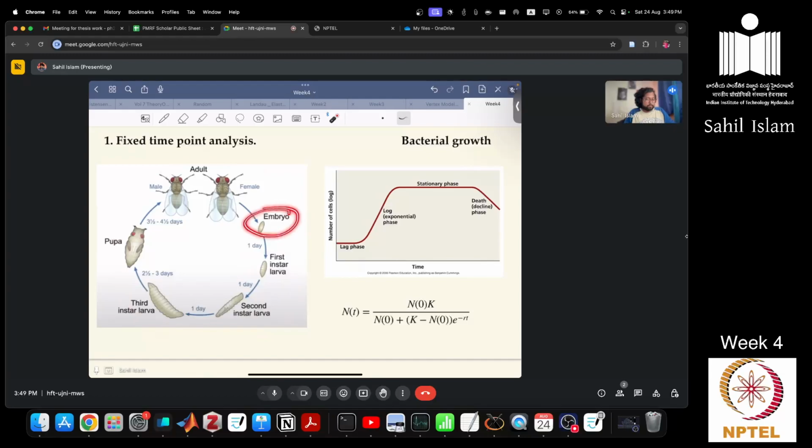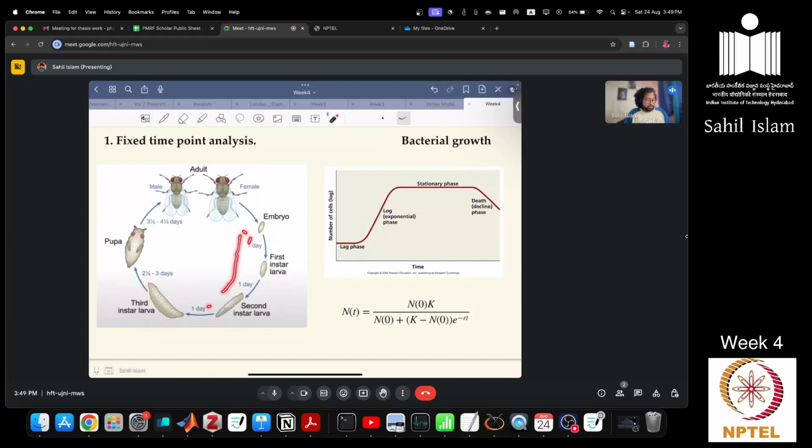You can just take snapshots of some significant changes. Let's say you have an embryo, then after one day it becomes first instar larva, then second instar larva, like this. Every day you take a snapshot and you get another form of this species, and you see it is growing.